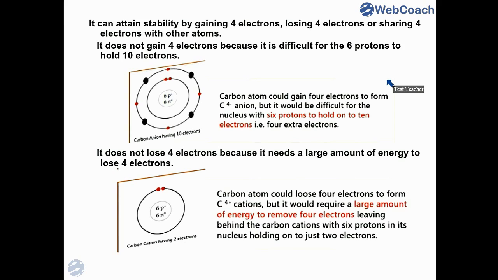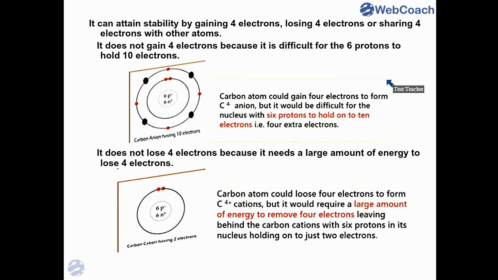Now, it's very difficult to lose even 1 electron because it involves a lot of energy to remove the electron. So just imagine for 4, it's going to require huge amounts of energy, enormous amounts of energy, right? It is something like when you can screw in something, but pulling out the screw takes so much time.